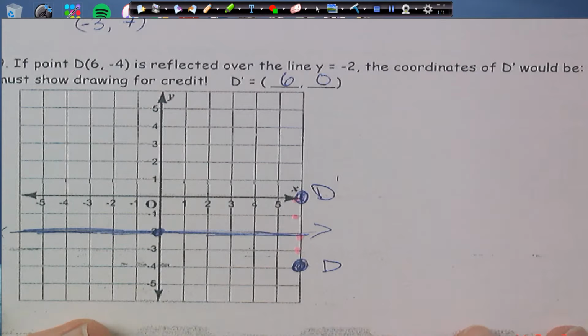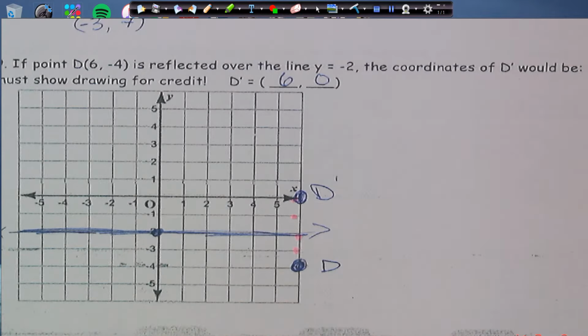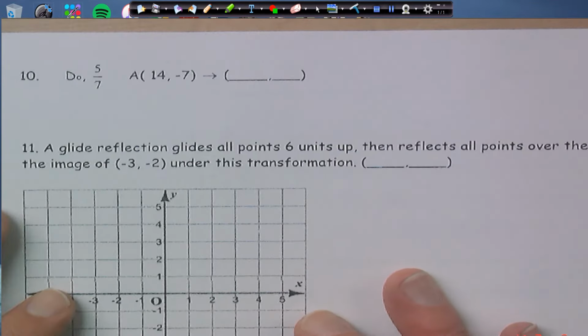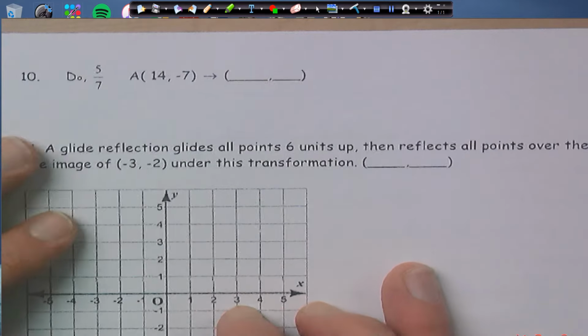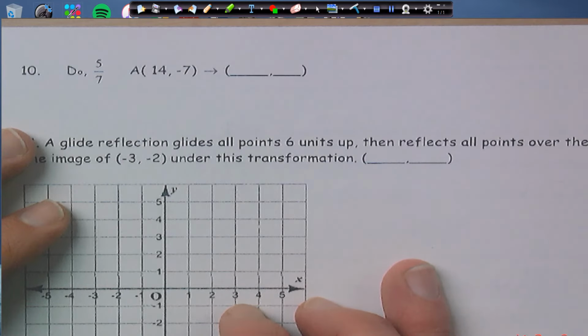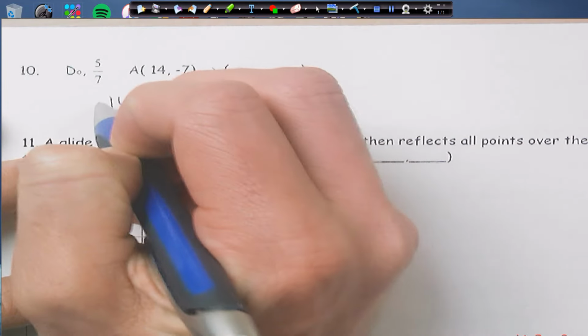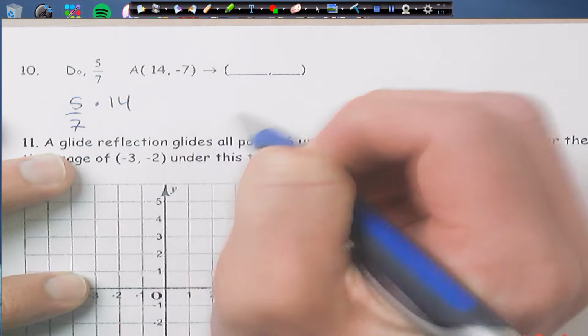Since we reflected over the y equals negative 2, we can't use our rule. We have to draw to figure out exactly where it is. But notice it's equidistant. Okay, number 10. D stands for dilation, O stands for at the origin, and then 5/7. What we have to do is multiply each of these by our scale factor.